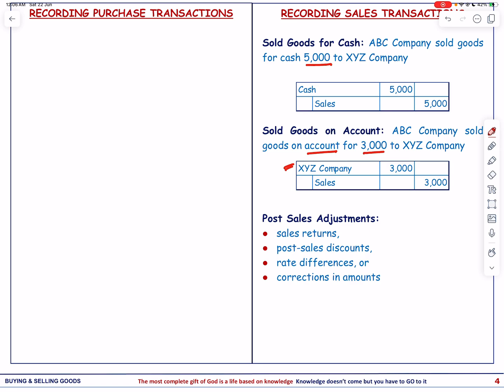However, there may be situations where rectifications are required. So, after executing a sale, various adjustments may become necessary because of sales returns, post-sales discounts, rate differences, or corrections in amounts. These adjustments require rectification within the sales record, adhering to the principle that no rectification can occur without proper documentation.